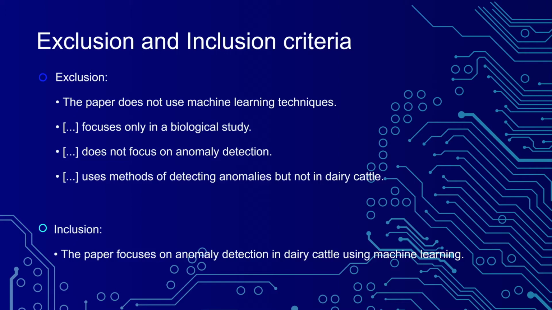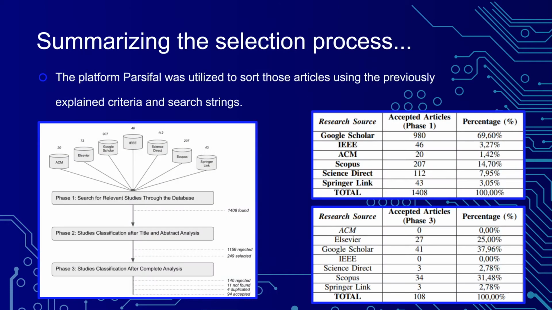So if the article is characterized by one of these criteria, it is excluded from our research. And the inclusion criterion is the paper focuses on anomaly detection in dairy cattle using machine learning. Simple as that.